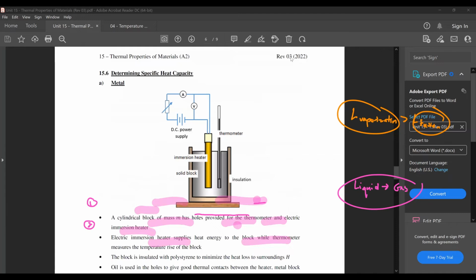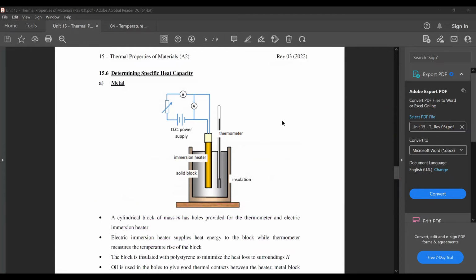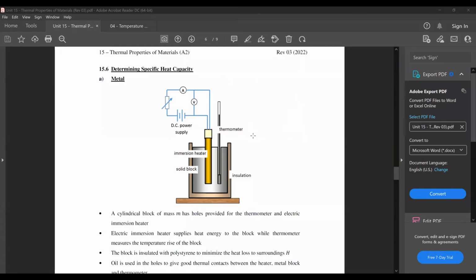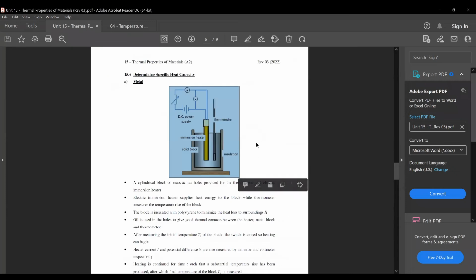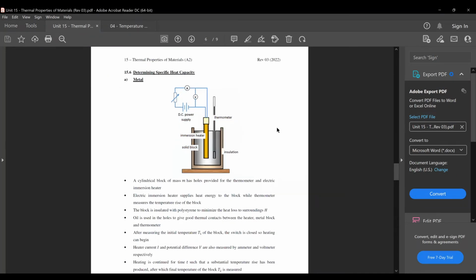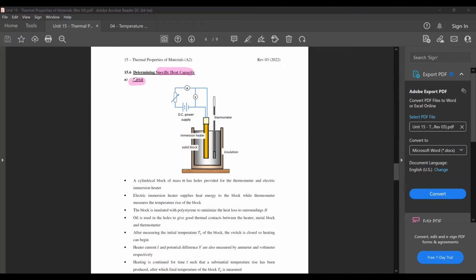Now you also would need to know how to determine by experiment specific latent heat and specific heat capacity. So we start with specific heat capacity first for solid and liquid. Let's say right now we want to determine specific heat capacity for, say, a piece of metal.